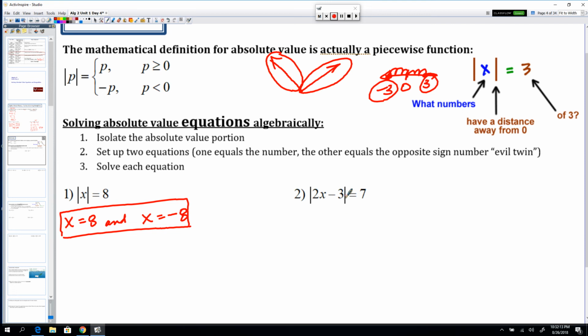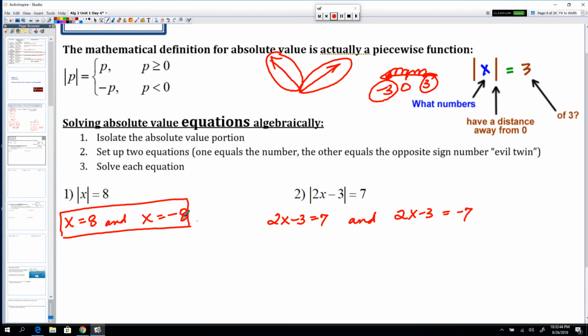Let's kick it up a notch here. Number 2, isolate the absolute value portion. Already done for us. There's nothing glued to the front, and there's no adding or subtracting going on. So step 1 is done. Step 2, set up two equations. One is set equal to the number. Take everything inside the bars, 2x minus 3, and set it equal to the number. That's the first part. And take everything inside the bars, 2x minus 3, and set it equal to the evil twin.